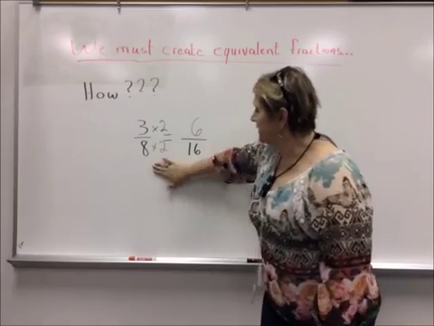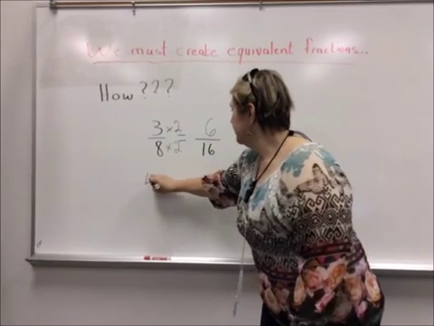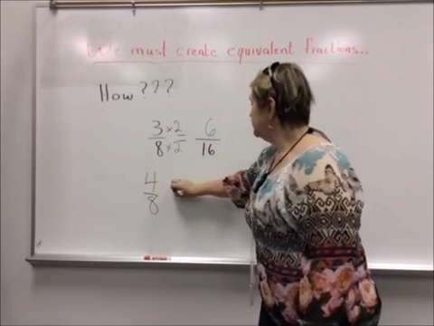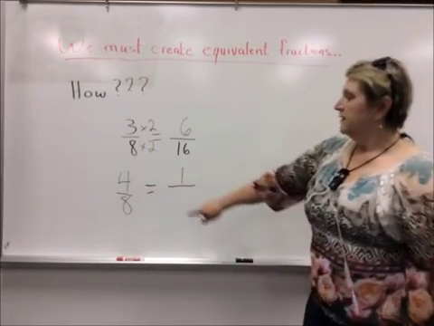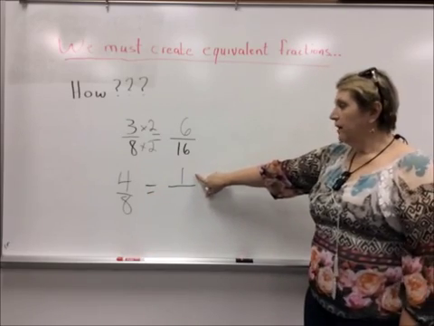I'm going to erase this for right now. We're going to try another one. So let's take the fraction 4/8, and let's see if we can find an equivalent fraction, and this time let's have the numerator of 1.